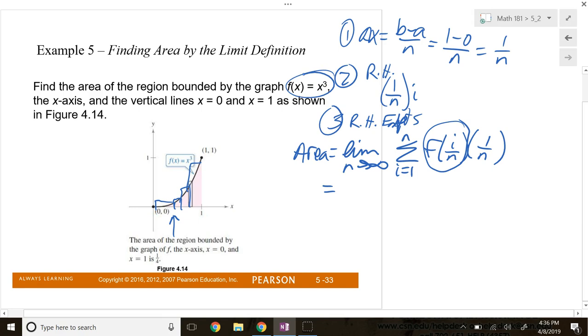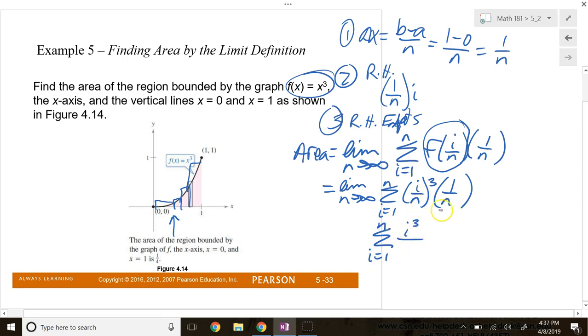Remember, f of x is x cubed. So this becomes the limit, n goes to infinity, summation i being 1 to n of i over n cubed times 1 over n. I got i cubed over n cubed, and I've also got an n right there, so n to the 4th on the bottom.